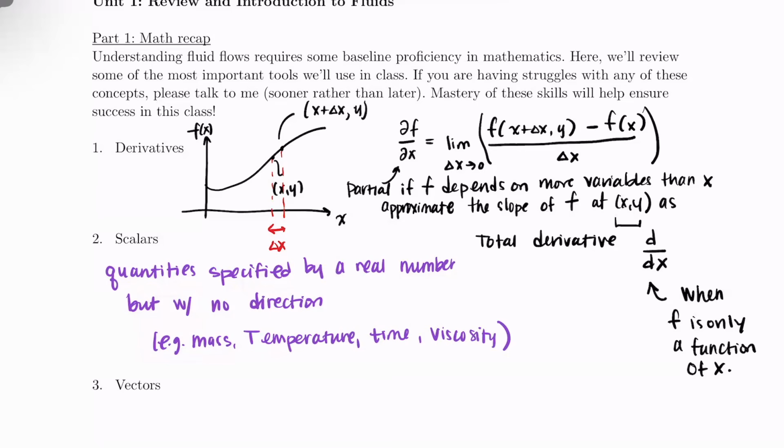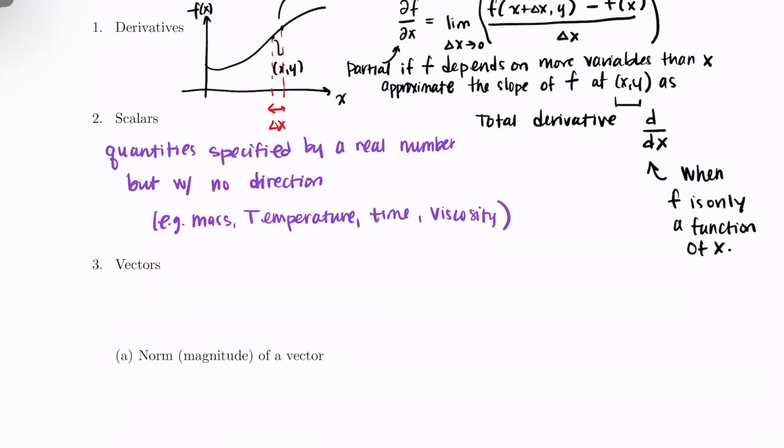Now, if we have a quantity that also has a direction associated with it, that is what a vector is. So these are quantities specified by a real number, which is a scalar.